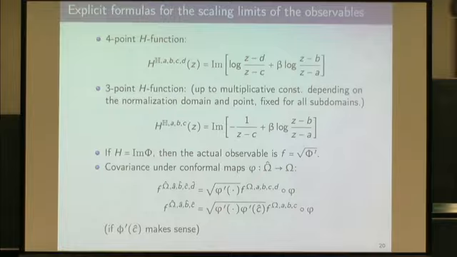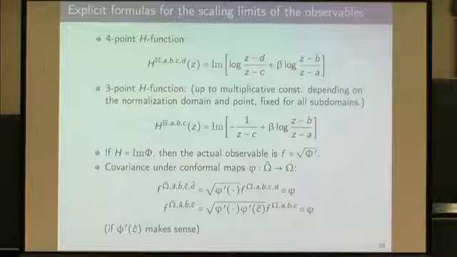Okay, so you get some scaling limits, so you can write the explicit formula. I changed the normalization a little bit here, so there is no 1 over pi in the front and so on. And here are some formulas for the upper half plane for this observable.